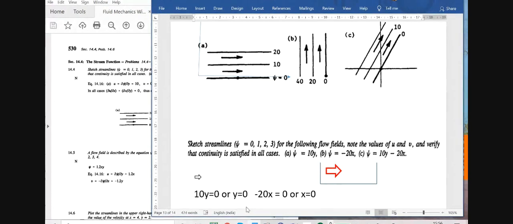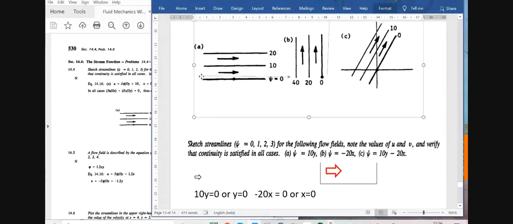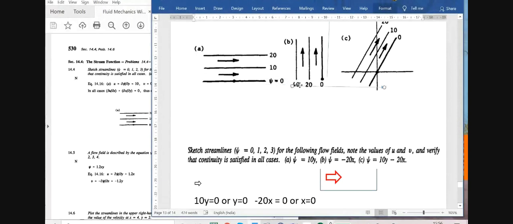So x is equal to 0 means what? It is a horizontal line. No, x is equal to 0 is not horizontal. It is a vertical line.